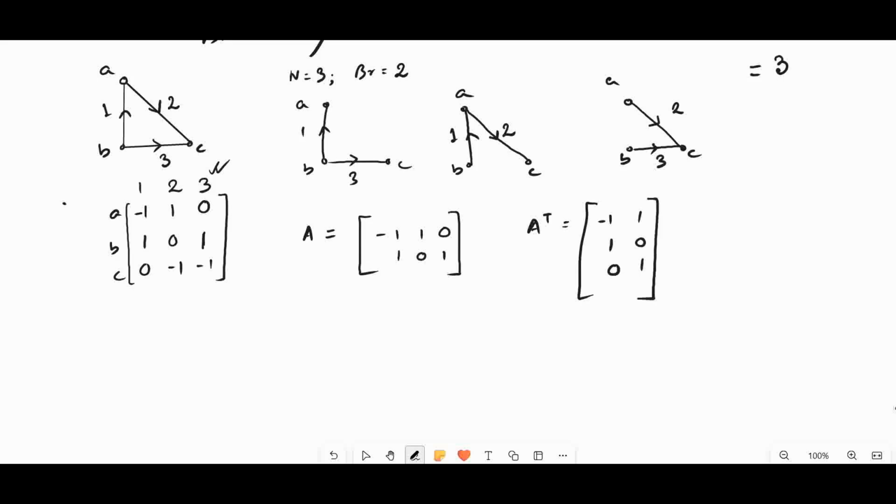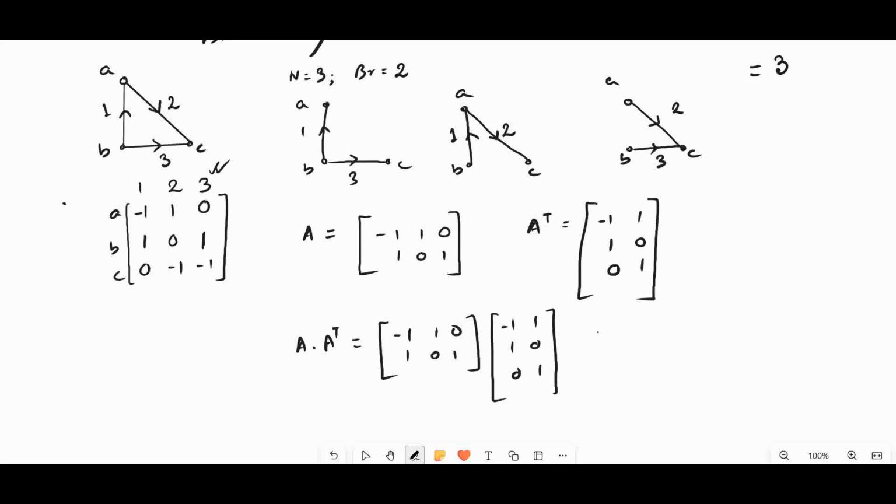Now we do the multiplication of the reduced incidence matrix and the transpose of the reduced incidence matrix: minus 1, 1, 0, 1, 0, 1 multiplied by minus 1, 1, 0, 1, 0, 1.